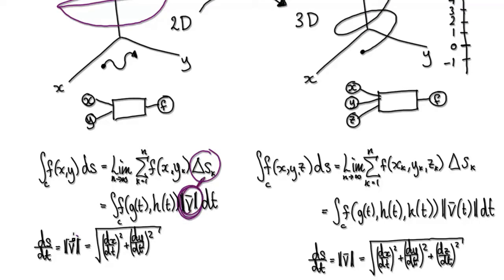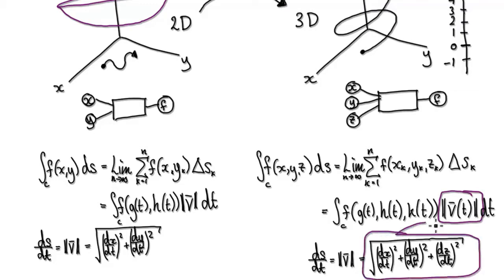And then extending it to 3D, looking at this bit here, you've got to use this in 3D. So it's the same idea, but just bear in mind that if you want to work out the arc length in 3D, you have to use this, whereas if you're moving on the 2D plane, you just use this for the arc length.